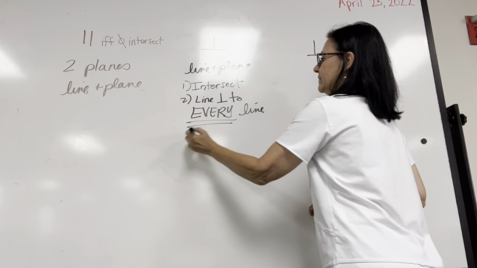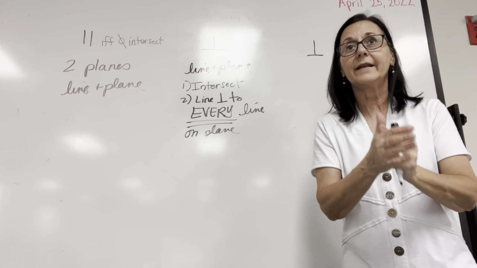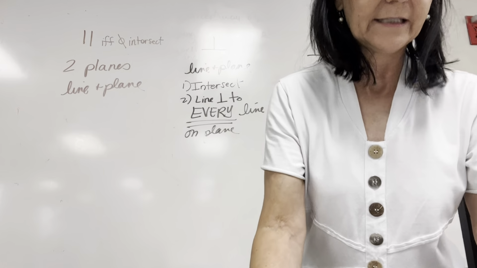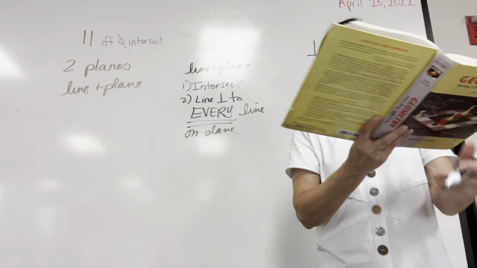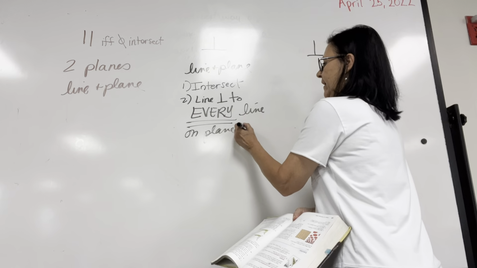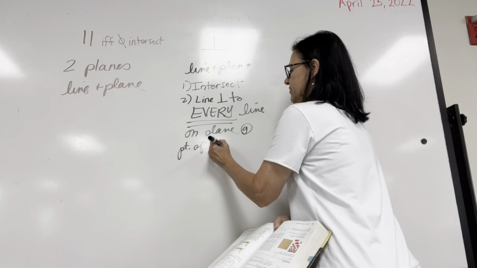line on the plane. Not just one. It has to be perpendicular to every line on that plane that passes through that point of intersection. At the point of intersection.